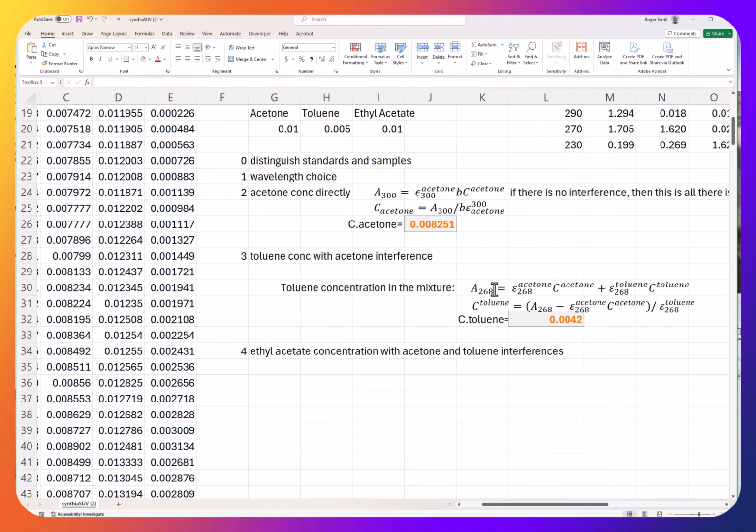what we're going to have there is this equation again. But now we're going to use a different wavelength, and we're going to have ethyl acetate. So this is going to be 230.